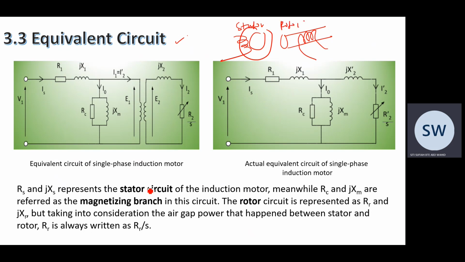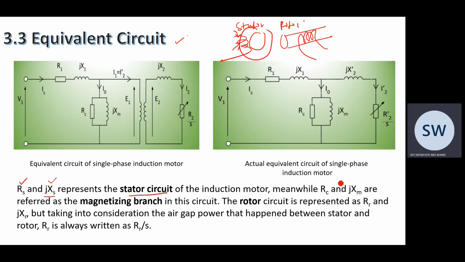On the stator circuit, we have RS to represent the resistance of this wire or winding. jXS represents the self-inductance, because due to the construction of the wire, it is wound, so we have self-inductance XS. That is for the stator.